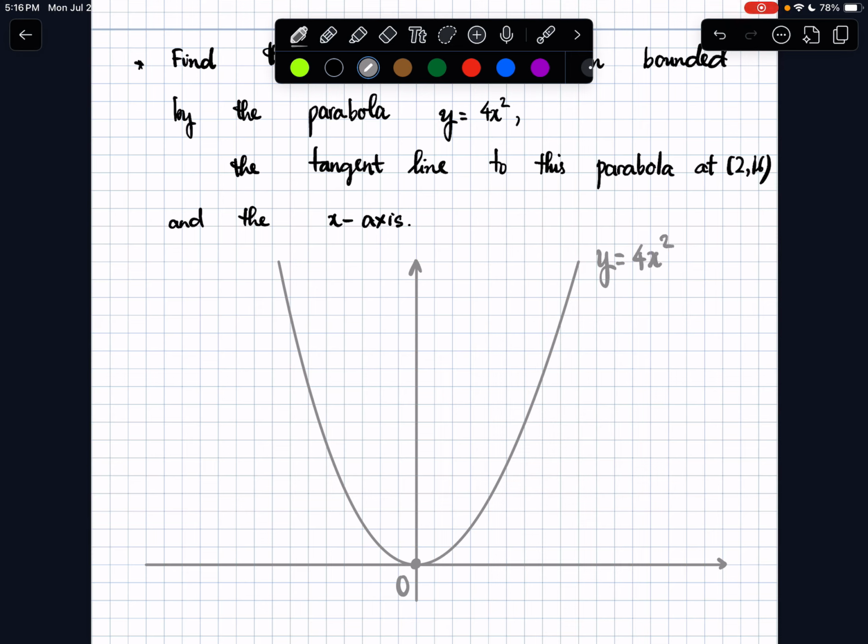We have the tangent line to this parabola at (2, 16). Assume that (2, 16) is, say, this point. Let's draw the tangent line.